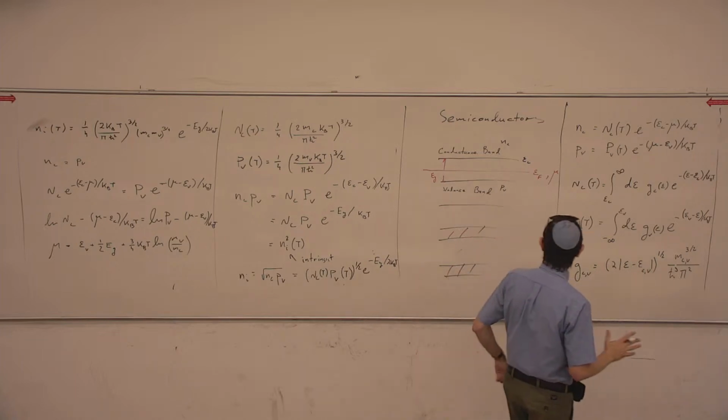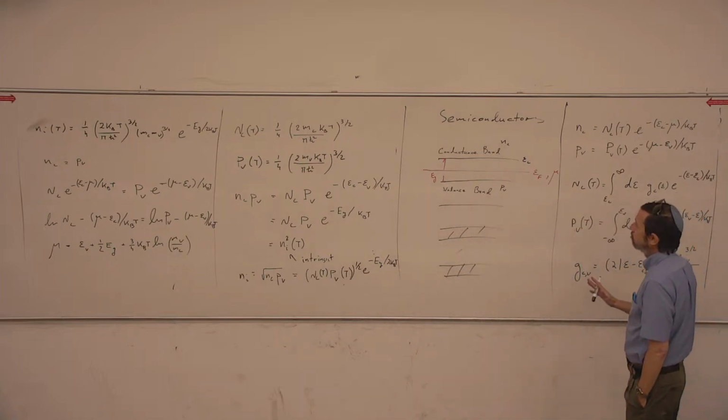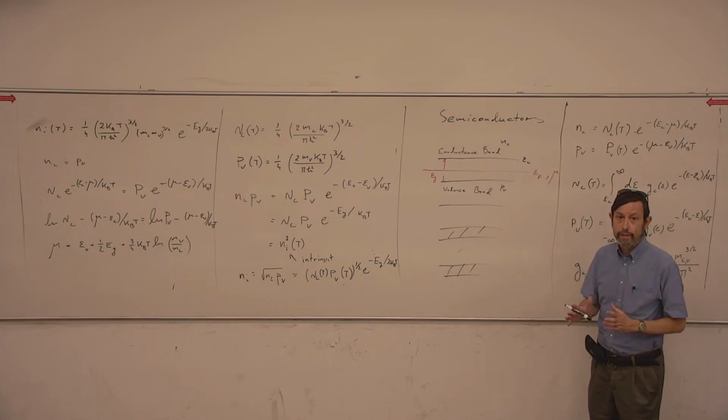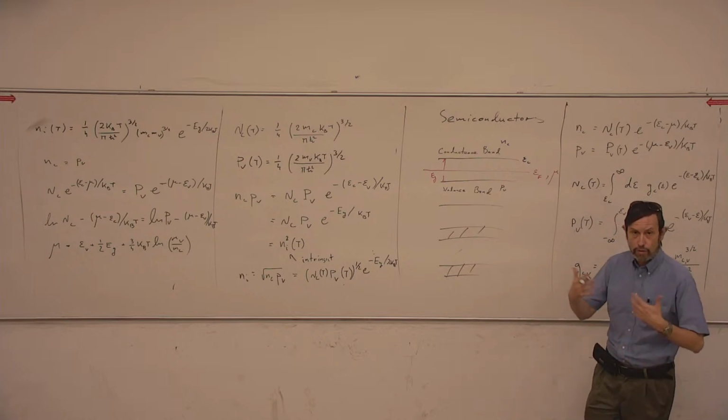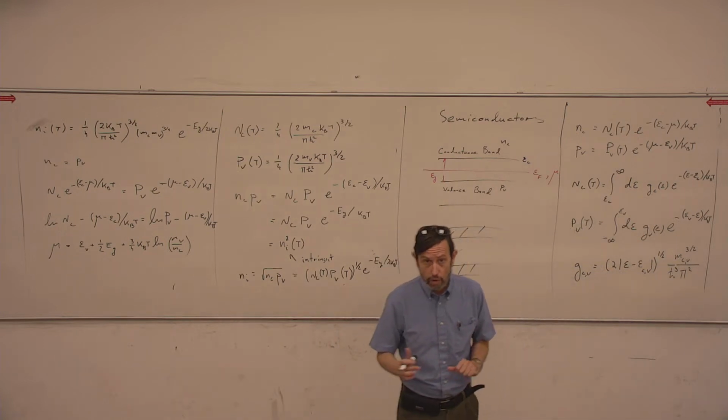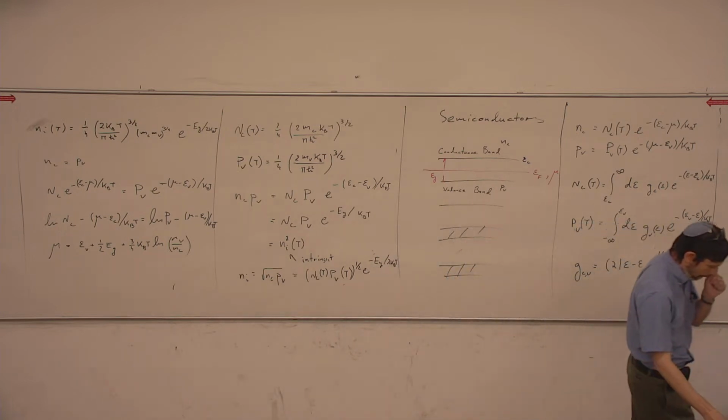Okay, but generally speaking, we can assume that somehow I have an imbalance in the number of holes and the number of electrons by introducing additional electrons or holes into the system.